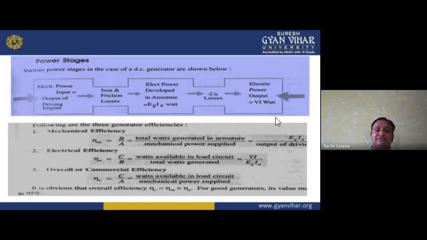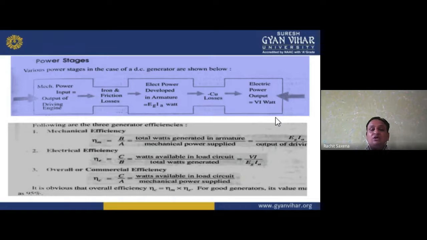So we can derive the generator efficiency, that is, total watts generated in the armature upon mechanical power supplied, and what's available in the load circuit upon total power generated. So we can say mechanical efficiency, electrical efficiency. So the overall efficiency: the mechanical is the input and the electrical is the output, so output upon input. So we can say the electrical efficiency divided by the mechanical efficiency. So we can write C by A, because B is cancelled out.